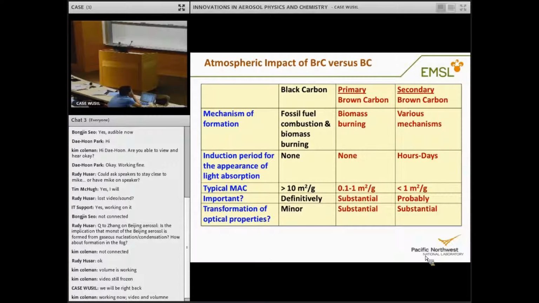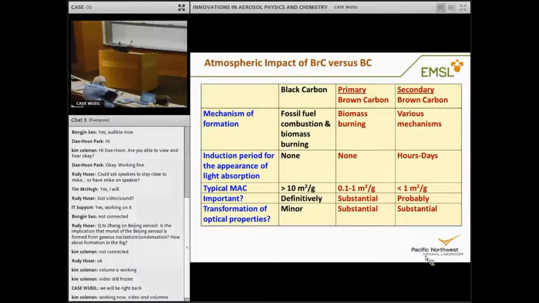Now, the interesting thing is that these two sources, the black carbon and the primary brown carbon, are light absorbing at the time when they are emitted in the atmosphere, but the secondary brown carbon may appear later after the emission. Still, the typical values of the mass absorption coefficient are substantially higher for black carbon. But again, for specific geographic locations, the contribution of brown carbon is not negligible.